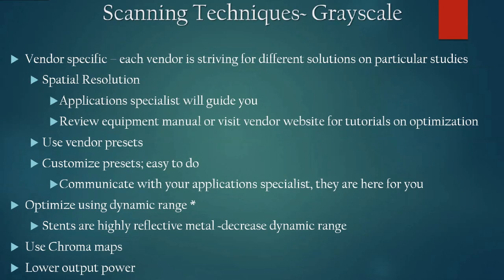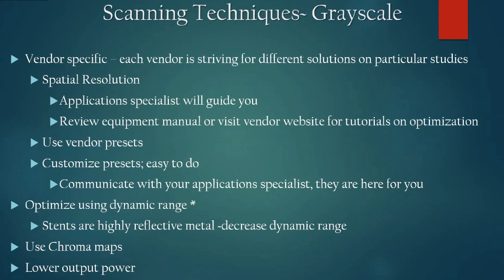We know that these stents are a very highly reflective metal. Decreasing your dynamic range will help you see your attachment sites much better, along with your residual sac walls. Most vendors' preset on the machine for dynamic range is usually set around 70.